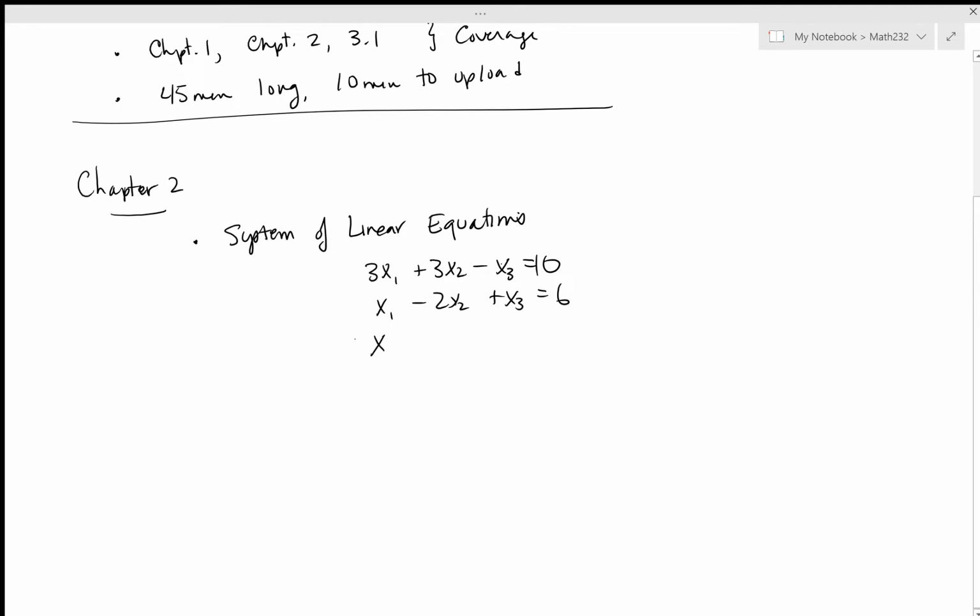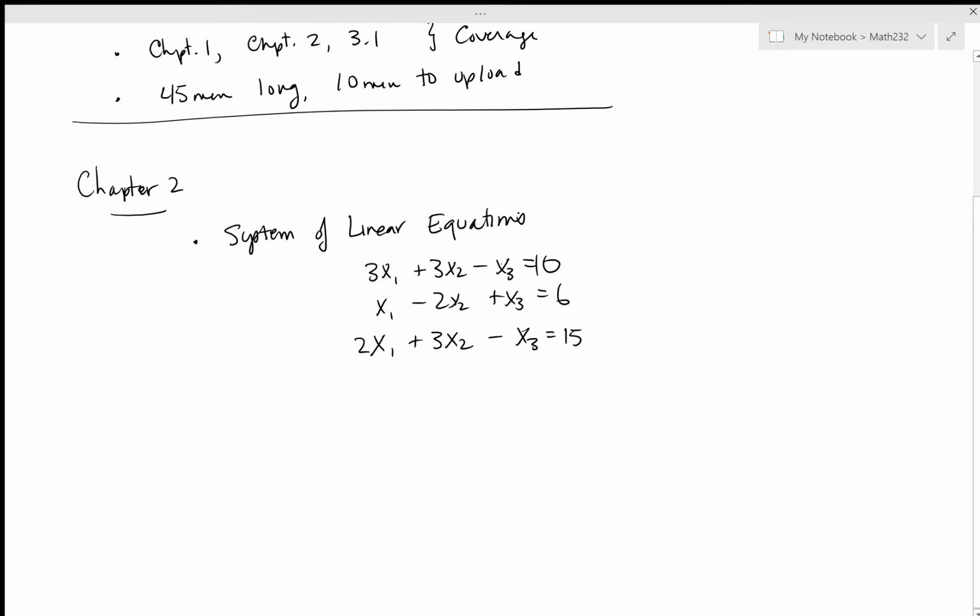Let me give an example: 2x1 plus x3, x2 minus x3 equals 10. I can already see that this is inconsistent. I don't know why that bothers me, but okay, so we have a system of linear equations.